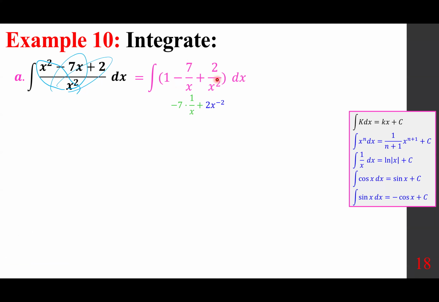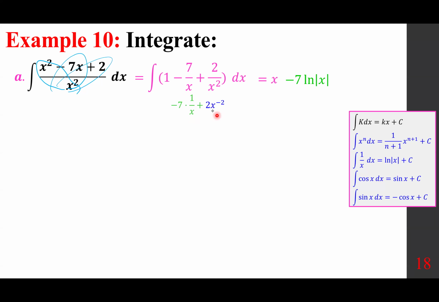Because we want to do it one by one. The first is simply x, minus 7 times 1 over x. Remember, 1 over x gives you natural log. By the way, 1 over x is x to the power of minus 1. And the reason we use an absolute value is because of the domain of natural log, from 0 to infinity. So minus 7 times 1 over x gives us minus 7 ln of absolute value of x.